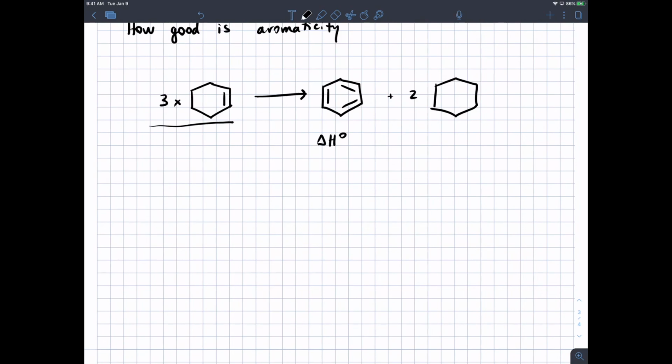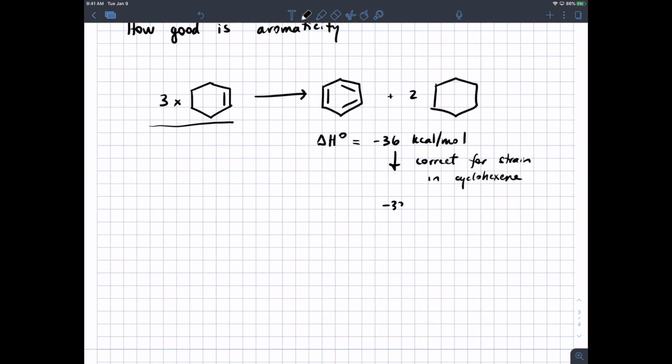And if you, based on heats of formation, calculate the change in enthalpy for this pretend reaction, you get about 36 kilocalories per mole. And then you have to correct that for strain that exists in the cyclohexene that is not present in either benzene or cyclohexane.